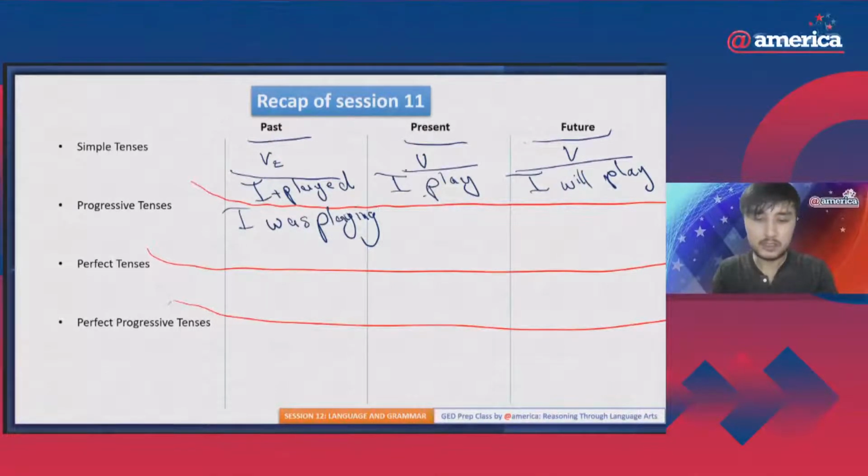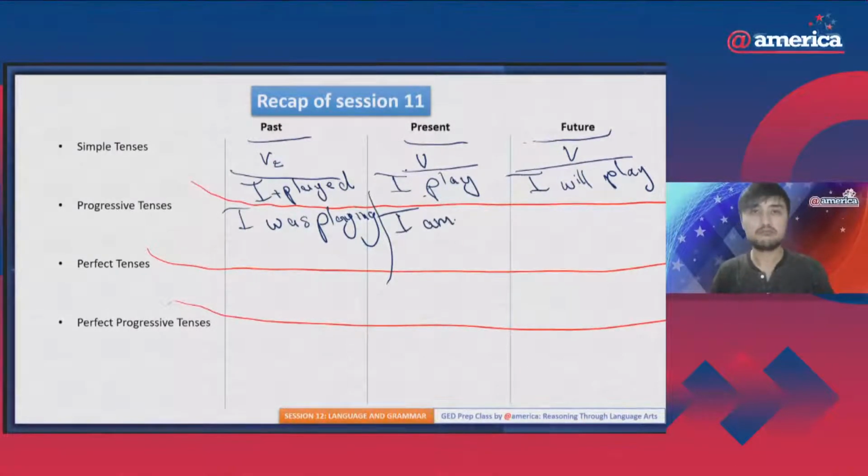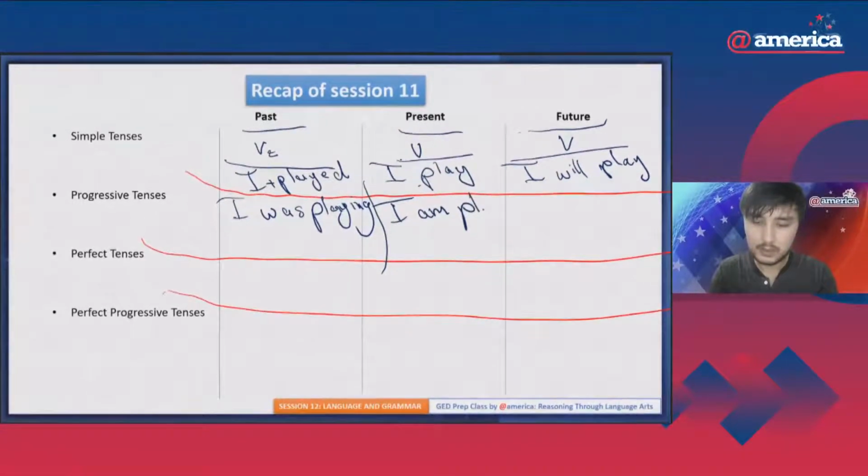And for the present, you use the present form of to be verb, which is I am. For instance, right now, I am instructing, I am teaching, I'm talking about verb tenses. That's when you say, I am playing. Okay, I have to do something about this handwriting.